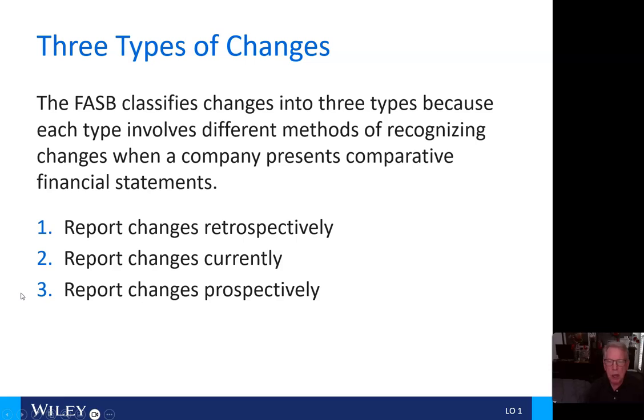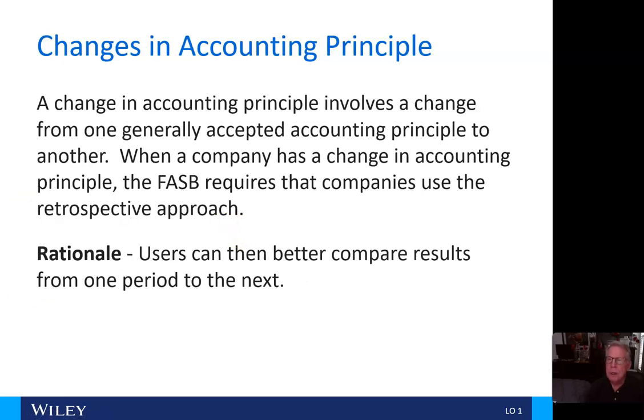Report the changes prospectively. A change in accounting principle involves a change from one generally accepted accounting principle to another. So when a company has a change in accounting principle, the FASB requires that companies use the retrospective approach. And the rationale is that users can then better compare results from one period to the next.